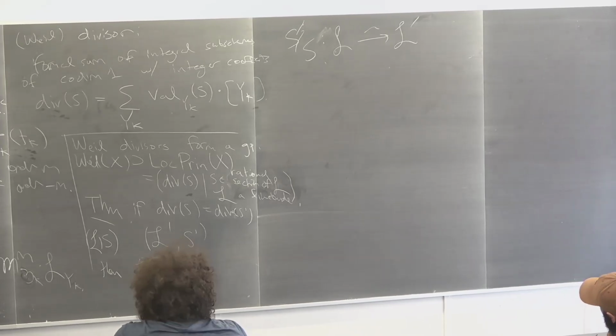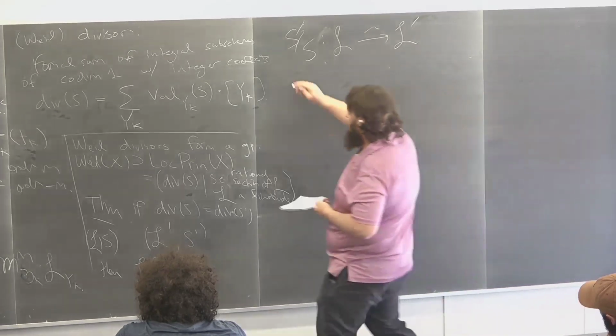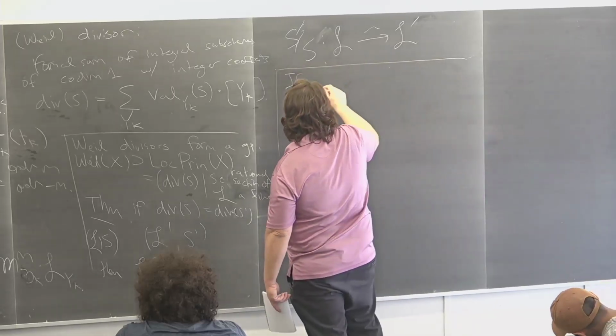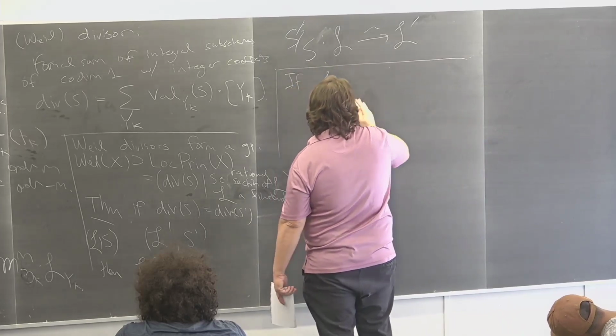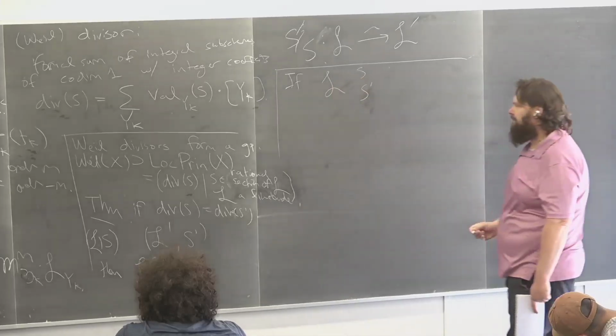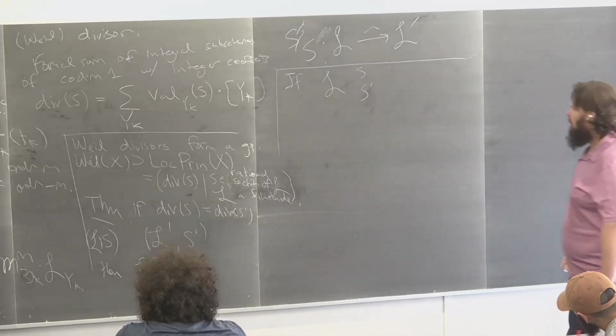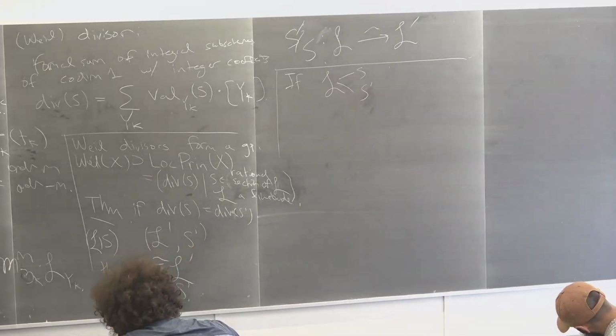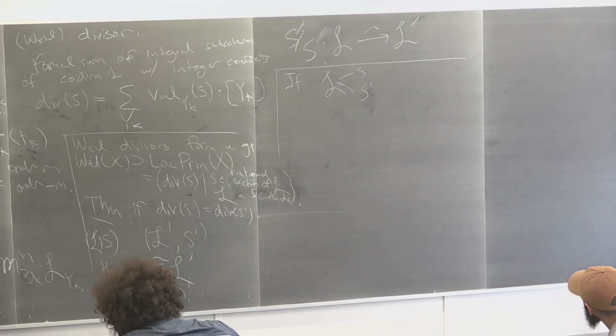Let's try to do a little bit better. So if what I wanted was just the underlying line bundle, I would think about, how unique is S? So if L has two rational sections, S and S prime, what's the relationship between S and S prime? In particular, what's the relationship between their divisors?